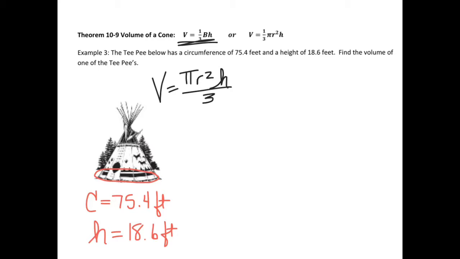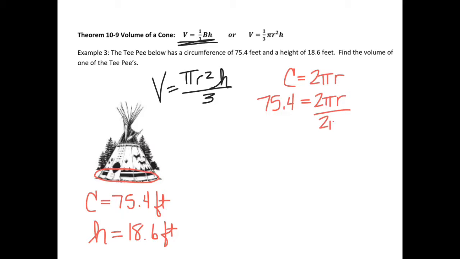We need to find the volume of the teepee. The first thing that we have to do is take the circumference and discover what the radius is. I remember from previous lessons that circumference is the same thing as 2 times pi times r. So 75.4 equals 2 pi r.